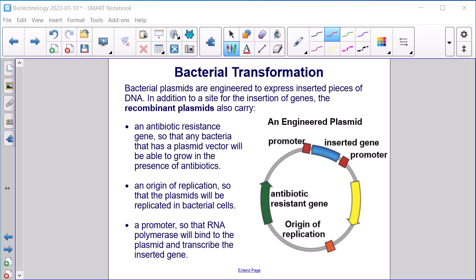In addition to a site for the insertion of genes, you can see the inserted gene here, the recombinant plasmids also carry an antibiotic resistance gene so that any bacteria that has a plasmid vector will be able to grow in the presence of antibiotics, an origin of replication so that the plasmids will be replicated in bacterial cells, a promoter so that RNA polymerase will bind to the plasmid and transcribe the inserted gene.